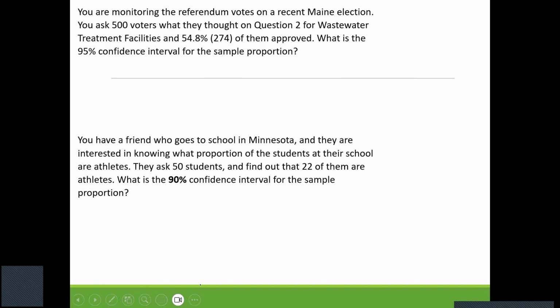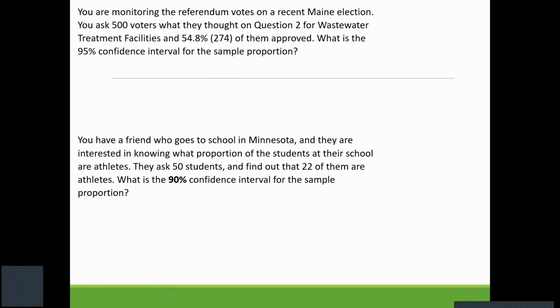Here are another couple of examples. You ask 500 voters what they thought on question 2 for wastewater treatment facilities, and 274, or 54.8%, approved. What's the 95% confidence interval for this sample proportion? Do it both ways. Do it with calculating and do it with bootstrap.